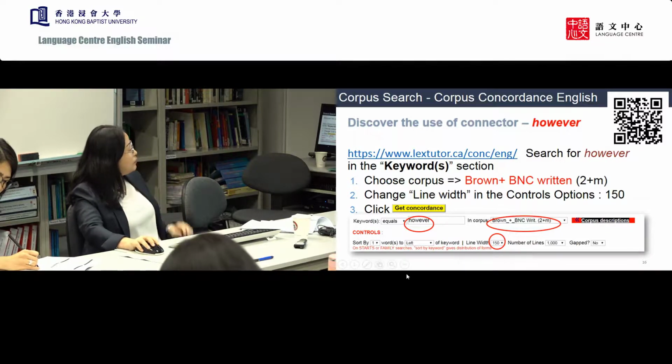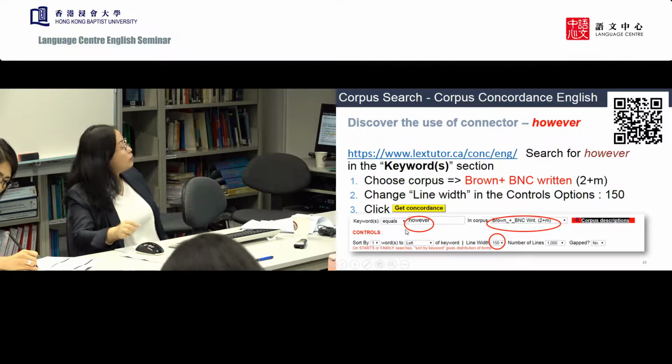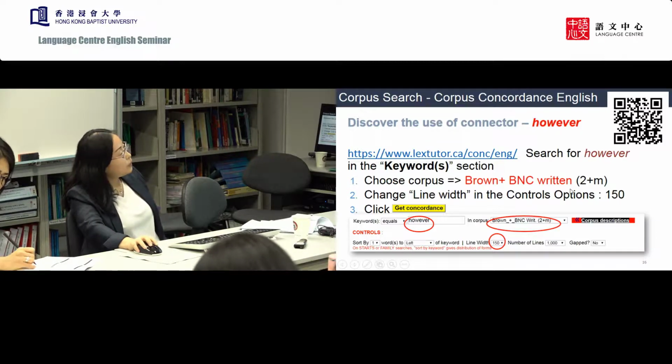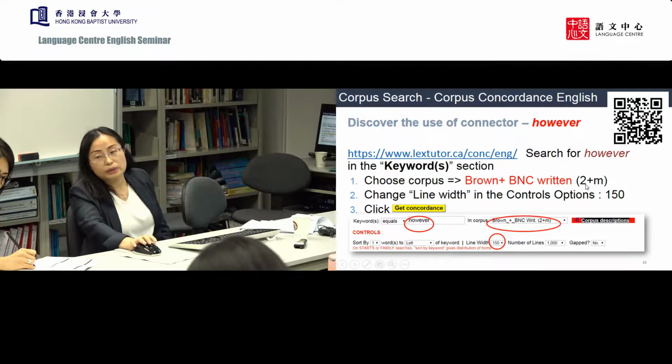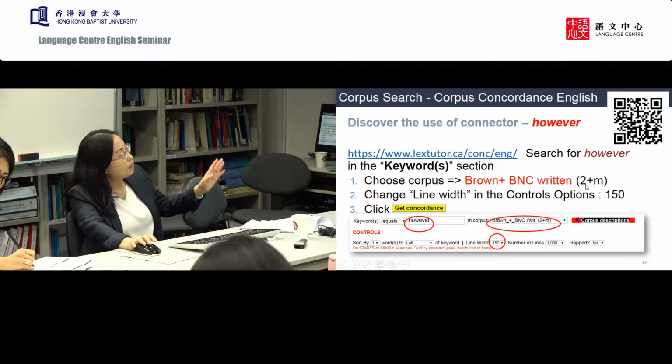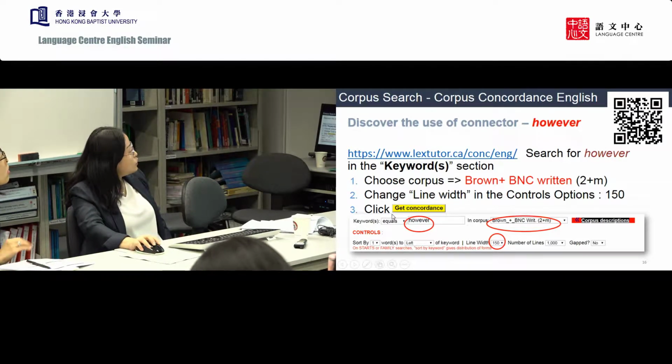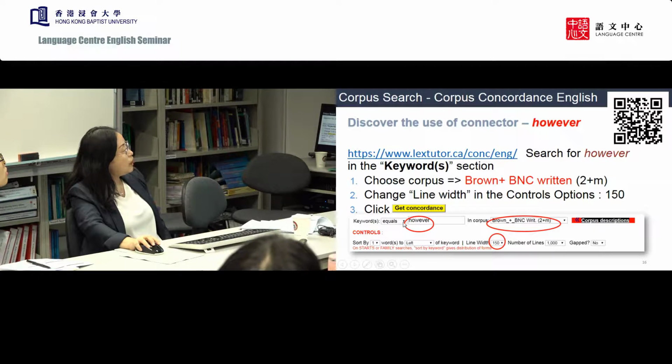So it's very easy. You can start searching yourself. You just go to LexTutor, and you can choose Brown and BNC written, 2 million words. You still get many lines for this. And you use the equals function and just input "however".